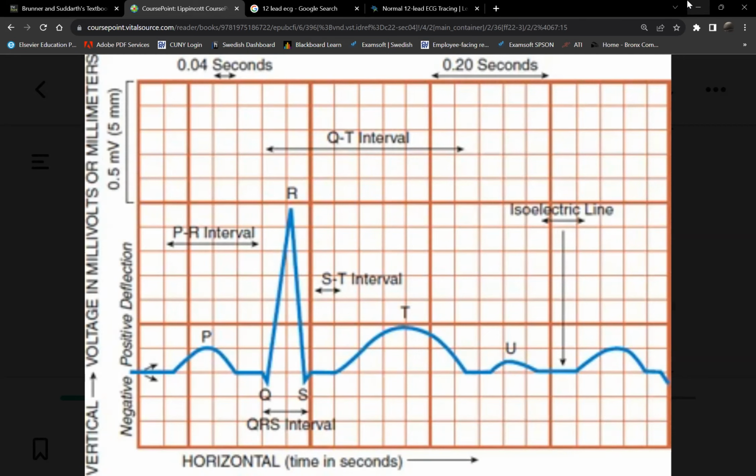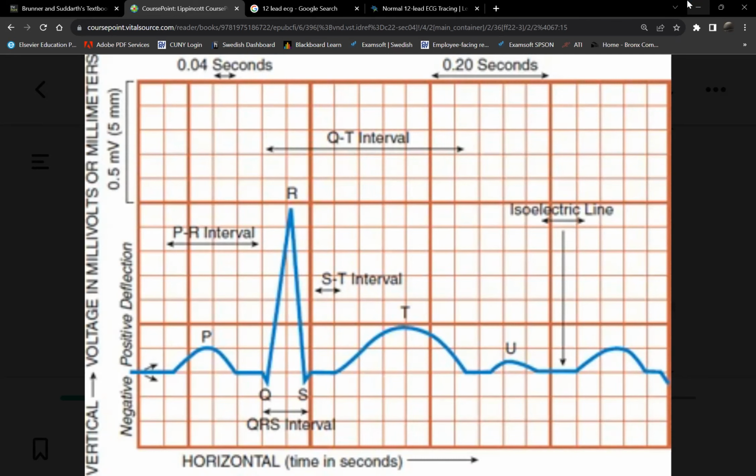Horizontal lines represent time in seconds. You'll see that there are small boxes, and within those, there's a big box, correct? If you count, there are 5 small boxes in 1 big box. I'll explain the significance later.